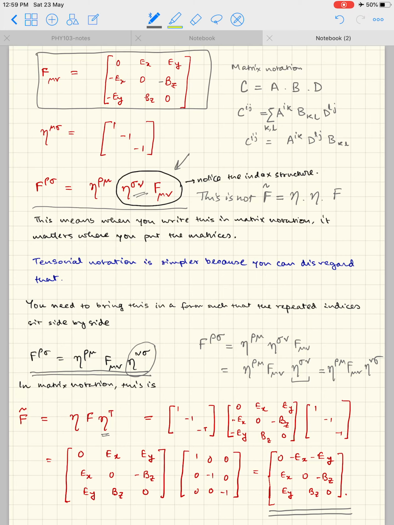But it's important to stress this. And this is, in some sense, why tensorial notation is simpler, because you can actually disregard all of this and just move things around.